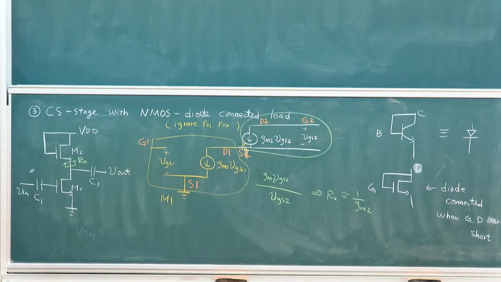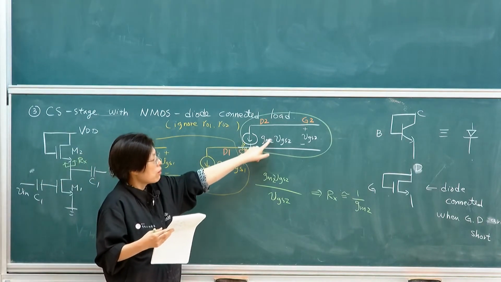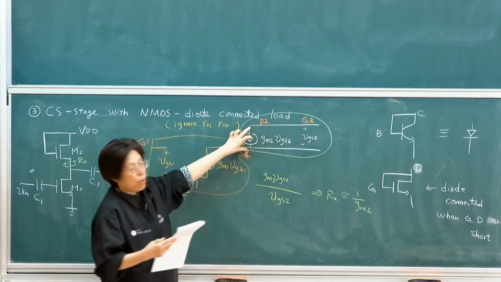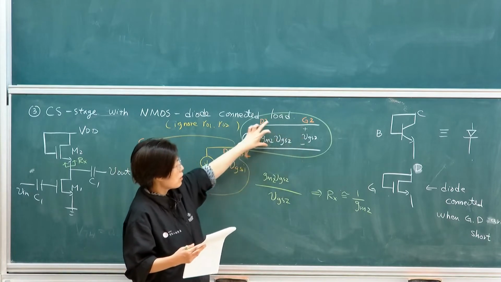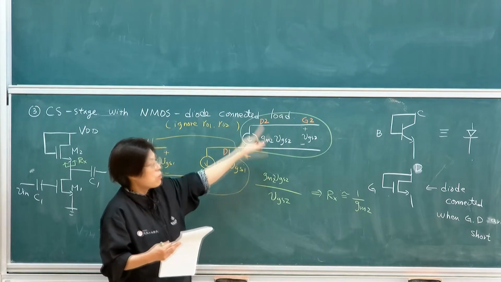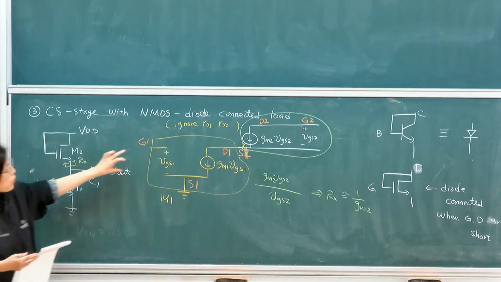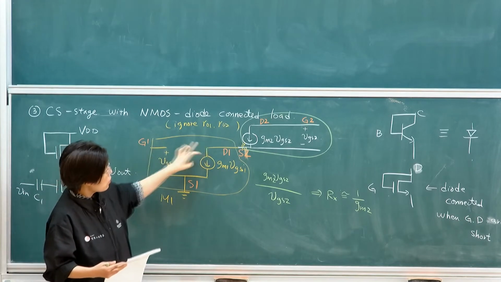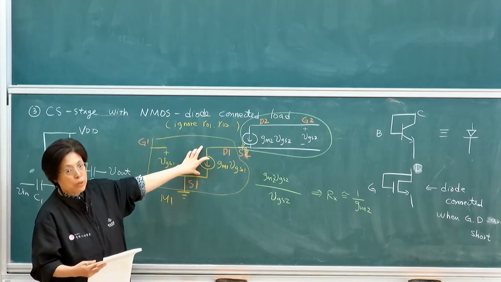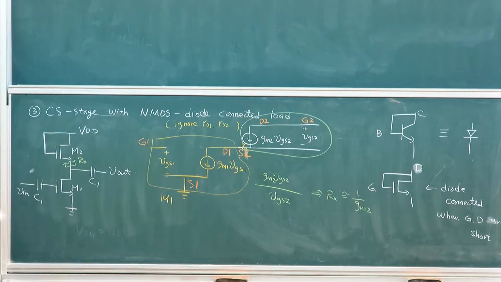Because the current coming down and the voltage across are directly related, the voltage across directly controls the current. Therefore, it's a resistive element if I have it diode connected. Remember, transconductance is when the third terminal controls. But when this is connected together, there's just the voltage across controlling this, so it looks like a resistance instead.